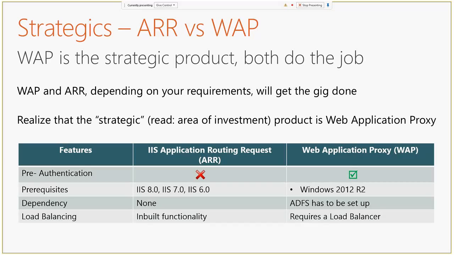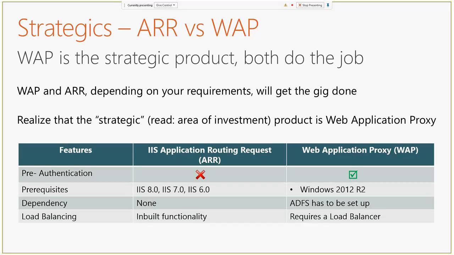It does require a bit more tweaking and has a few more prerequisites, but overall, the Web Application Proxy is definitely the component that is our strategic way of going forward.